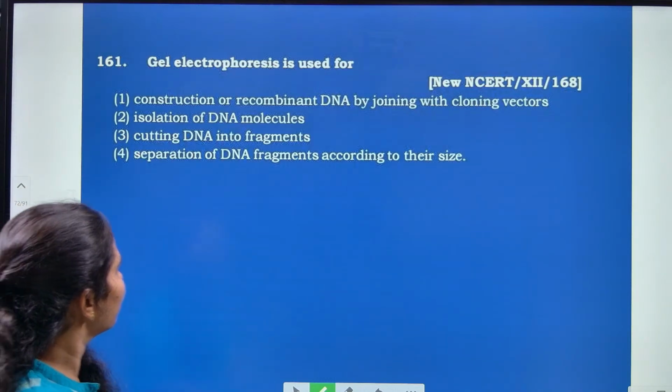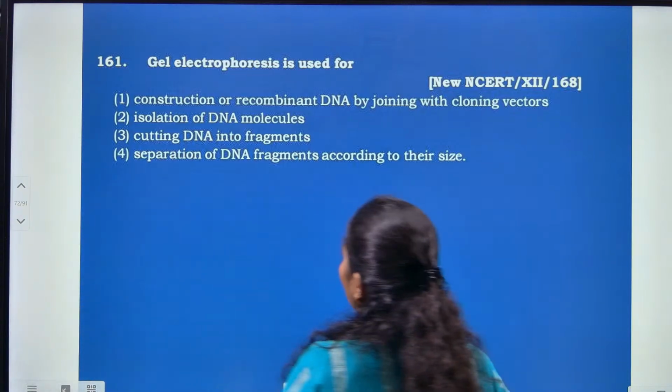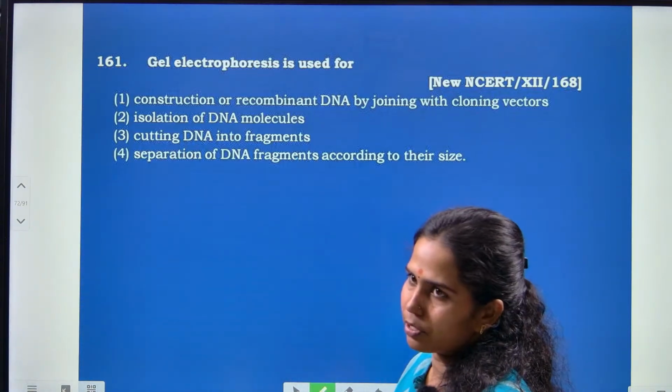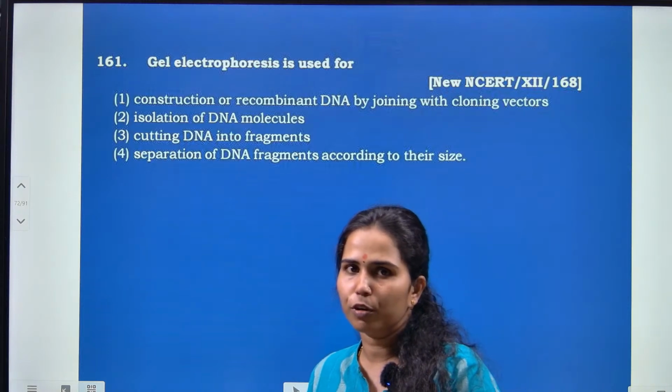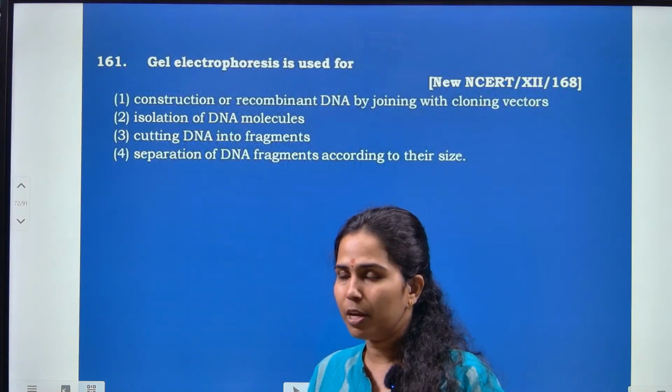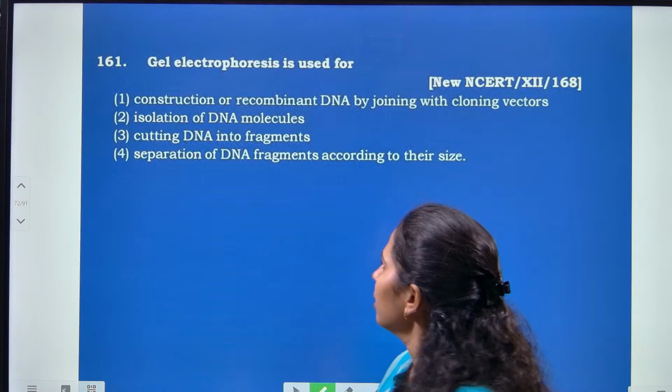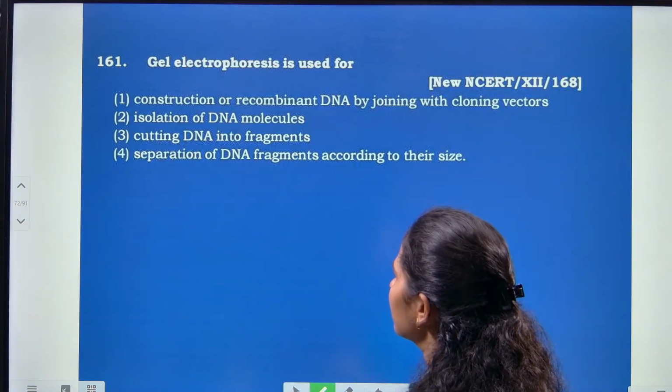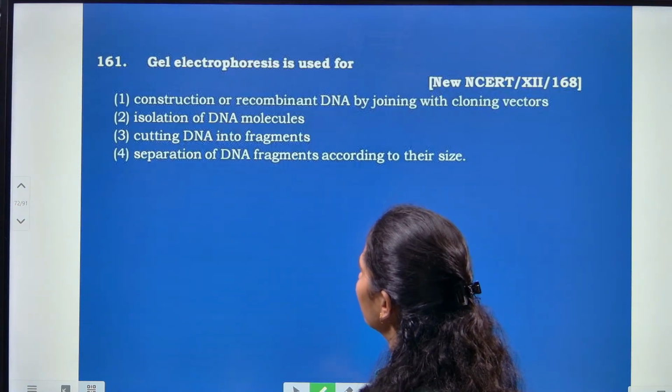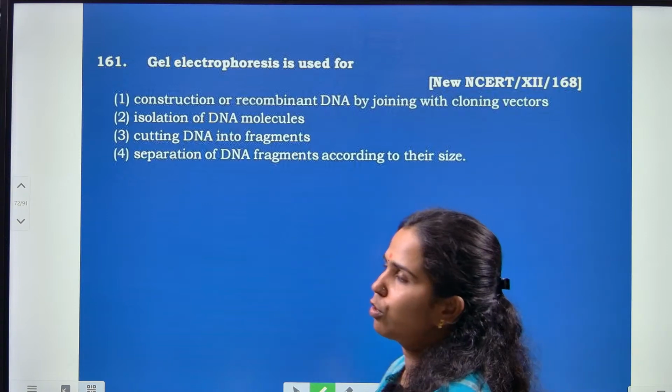Next, why are we going to use gel electrophoresis? In a previous question they had given you the image. Gel electrophoresis is used for the construction of recombinant DNA? No, we are not going to use the gel for that.